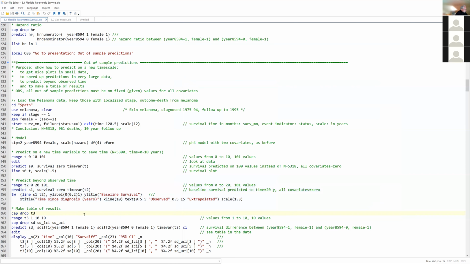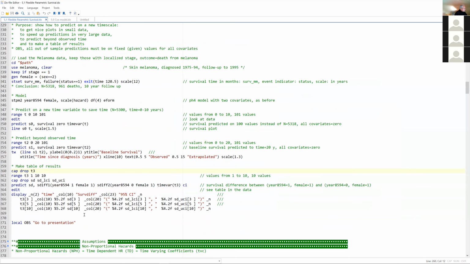And just to show you how we could make a table of results, here I have a T tree ranging from 1 to 10 and I want 10 values. And then I do a prediction of, what is it? Survival differences.